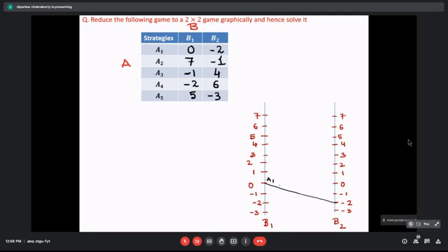Next, A2 is the strategy joining the points 7 and -1. So B1 is 7 and B2 is -1. This will represent A2.